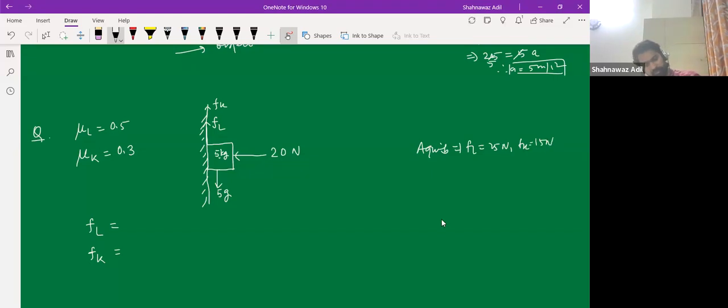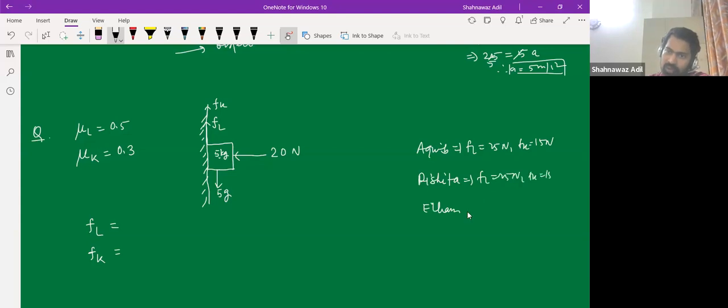Okay. Rishita and Elham and Amna, what about you guys? Sir, I got FL 25 and FK 15. Same result. Yes, sir, even I got the same. Okay, everybody got the same. All the people are agreeing to this answer.